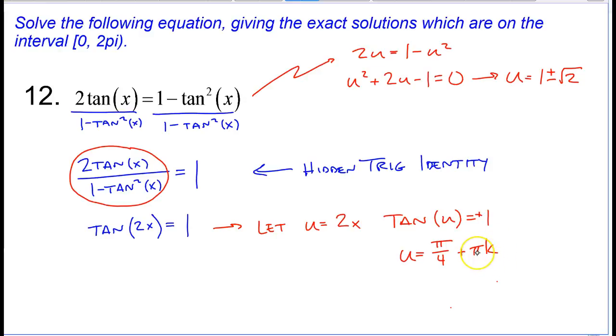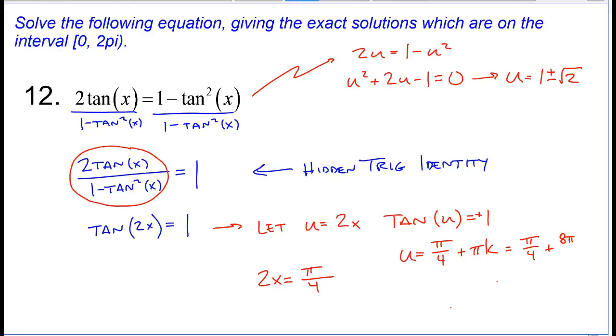Remember, the plus pi k gets me pi radians, or 180 degrees, rotated away from my original solution. So if I have u equals pi over 4 plus pi k and u equals 2x, I can now solve this equation. 2x equals pi over 4, and instead of plus pi k, let me write this as pi over 4 plus pi k over 4.